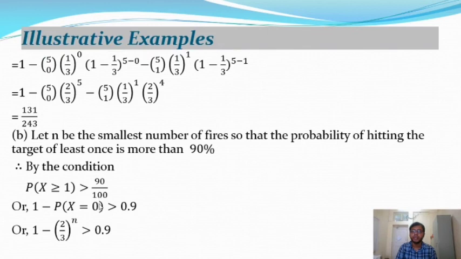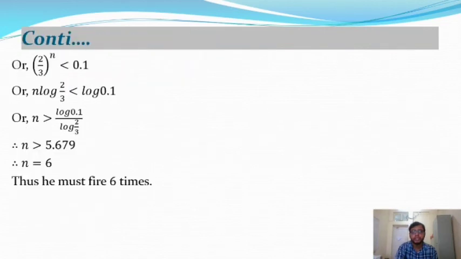The probability of x equal to 0 gives 2 by 3 to the power n. So 1 minus 2 by 3 to the power n is greater than 0.9, and from this we see that 2 by 3 to the power n is less than 0.1.